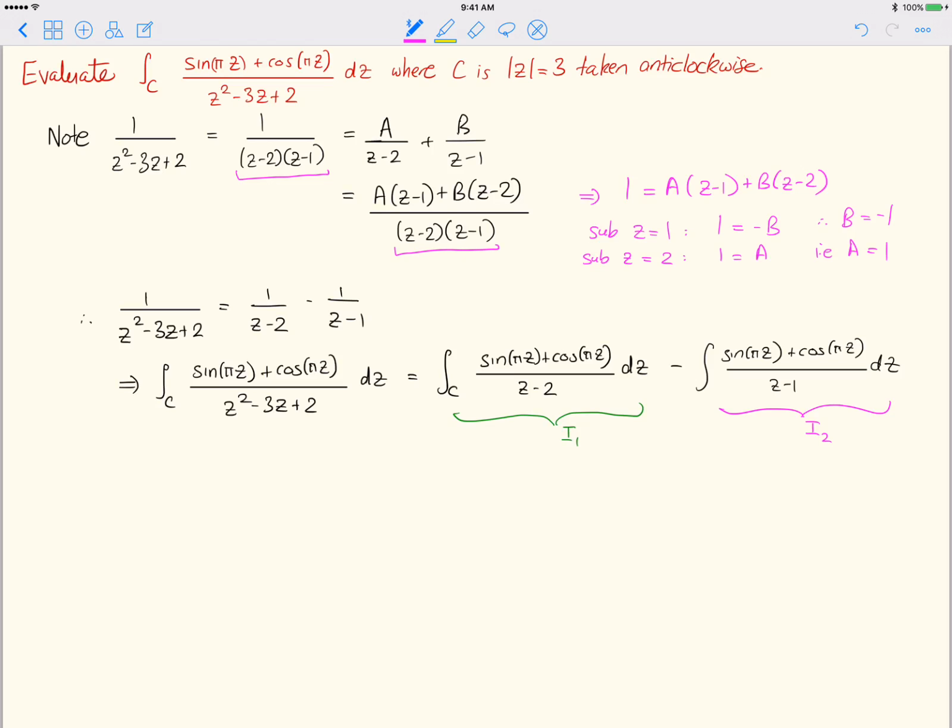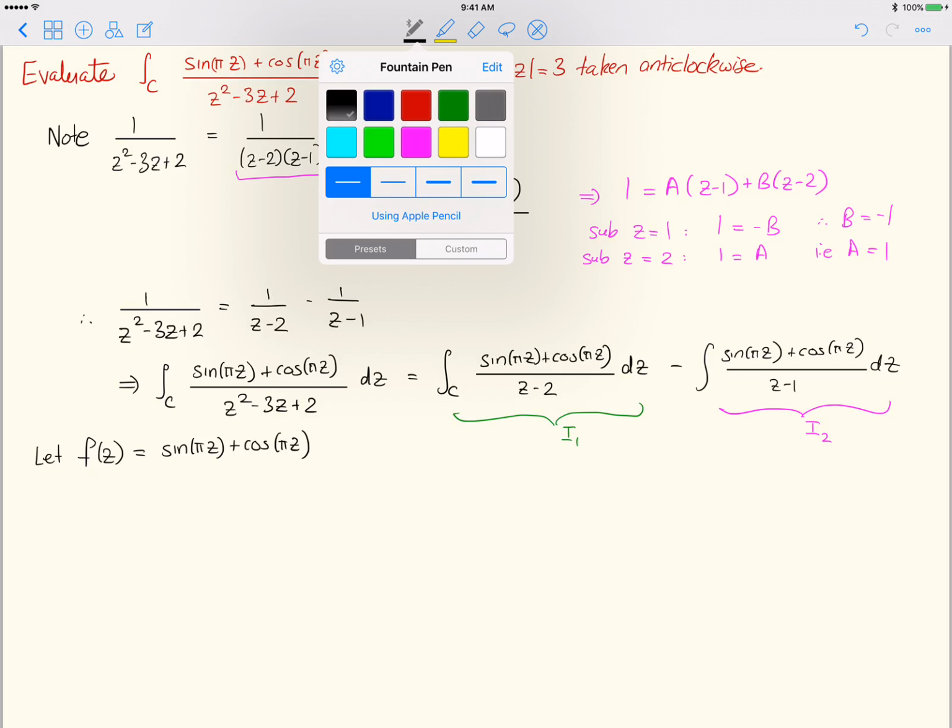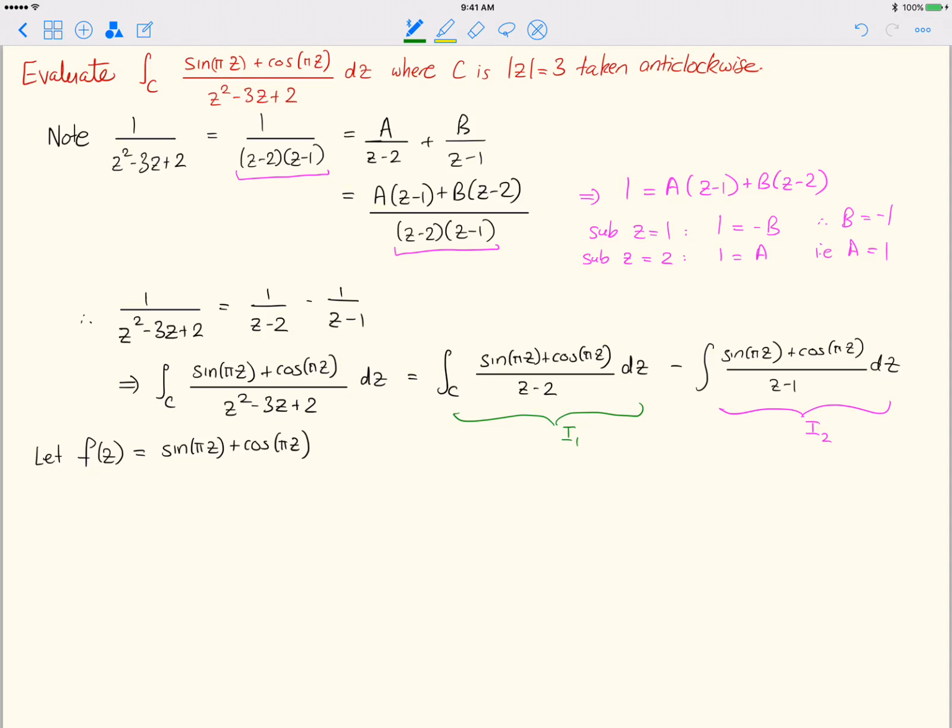So for both cases, I am going to let f of z equal sine pi z plus cos pi z, right? In the case of I1, let's think about what's happening.